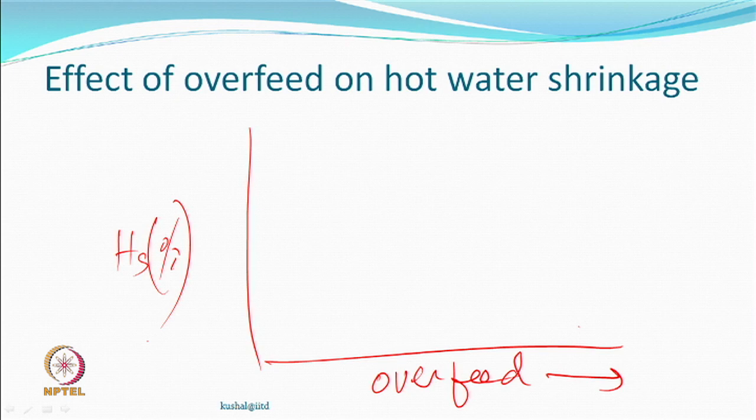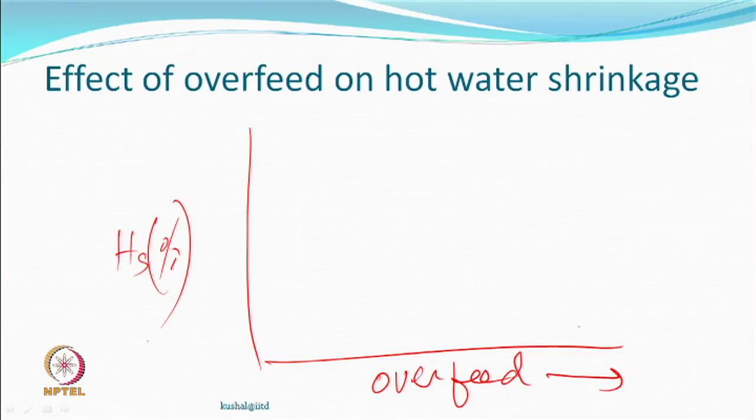If this is a polyester air jet textured yarn where different overfeeds have been used, do we expect anything to happen because of overfeed? It's a thermoplastic fiber, so hopefully the fibers will shrink. The fiber shrinks because of its thermoplastic property.